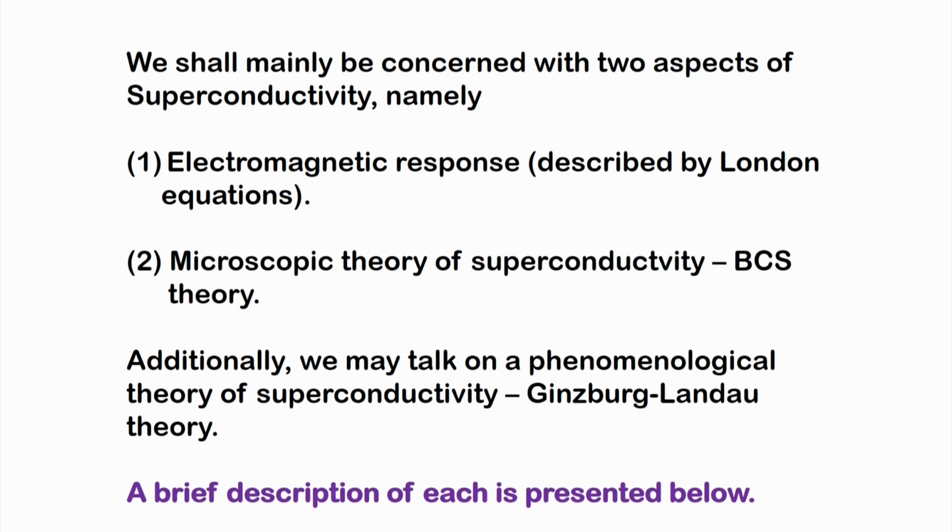So, we are going to be concerned mainly about two aspects of superconductivity. One of them is the electromagnetic response, as we have just said, which takes care of the Meissner Oxenfeld effects and so on, and this is described by the London equations. We will give a small overview now, and then we will do it later in an elaborate fashion. And then we would also be concerned about the microscopic theory of superconductivity, which is known as BCS theory.